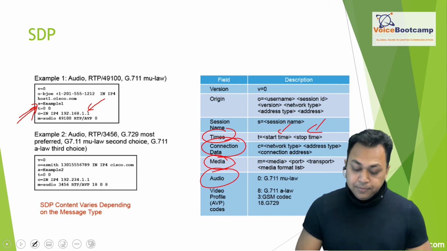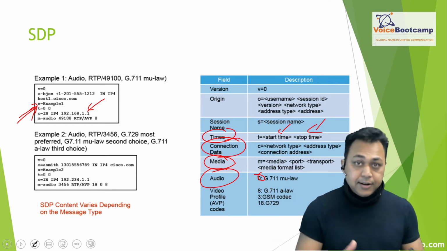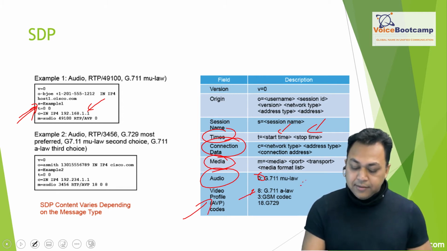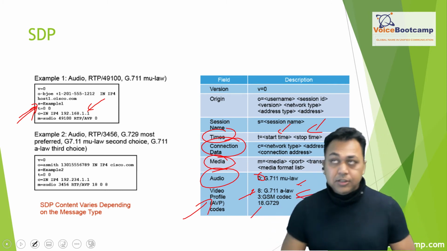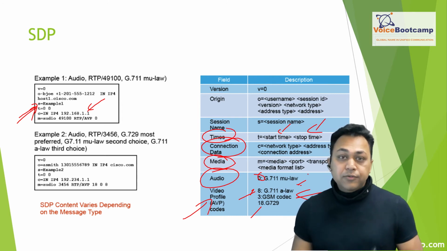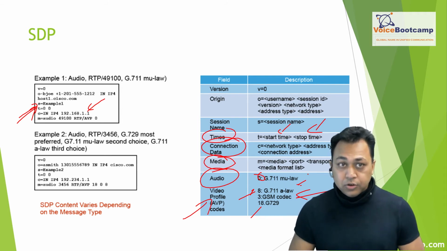Audio means the codecs it will offer. 0 equals G.711 mu law, which is for North America, Canada, US, and Japan maybe. And you got 8, G.711 A law. 3 is the GSM codec, and 18 is your G.729.